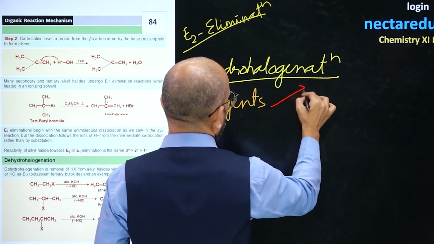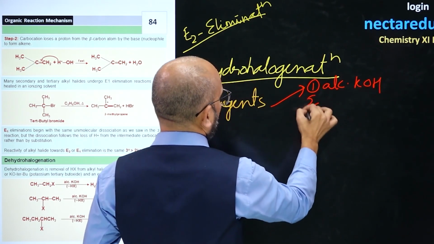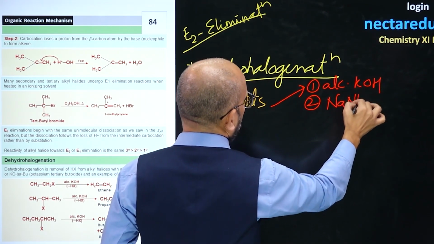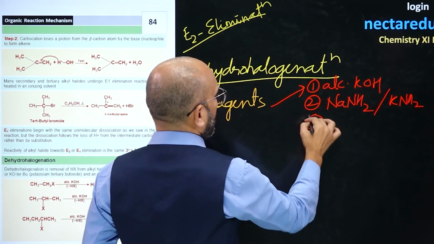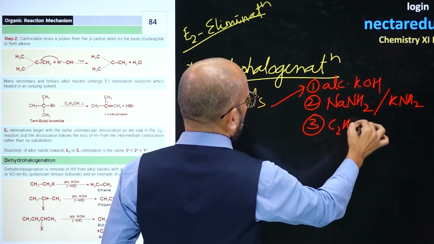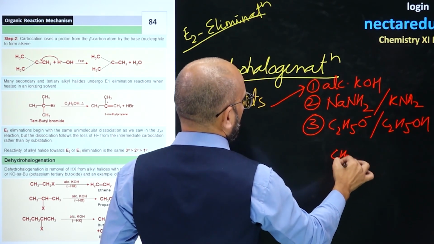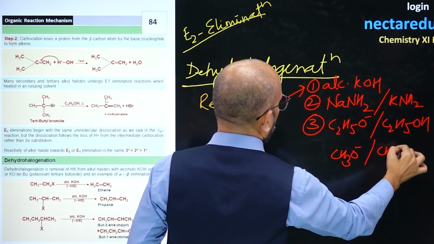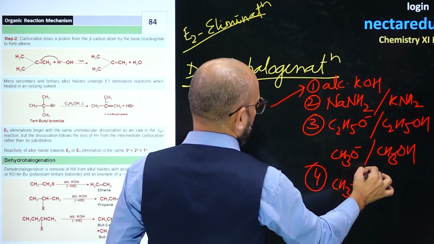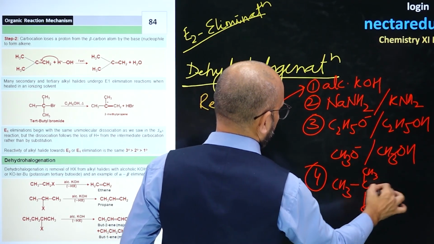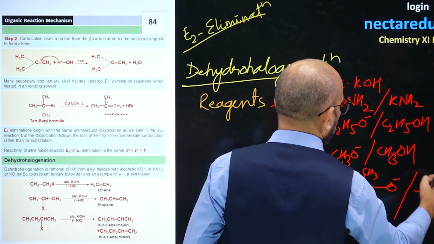We can use any of the following reagents. You can take either alcoholic KOH, or NaNH2 sodamide, or potassium amide KNH2, or ethoxide with ethanol, or methoxide with methanol, or you can take a bulky base as well: tertiary butoxide with tertiary butanol.